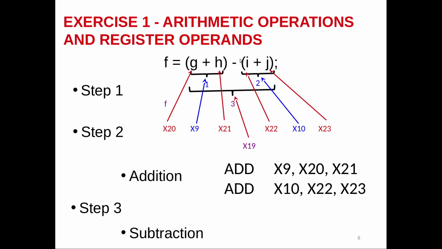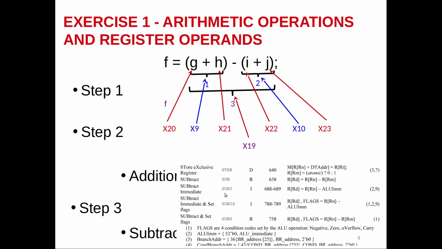So we will need to look again into the reference data to find the subtract. We have several subtracts: the subtract with immediate, and the subtract and set flags. The appropriate instruction should be the subtract.